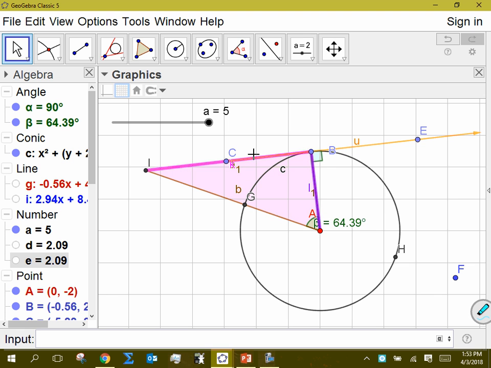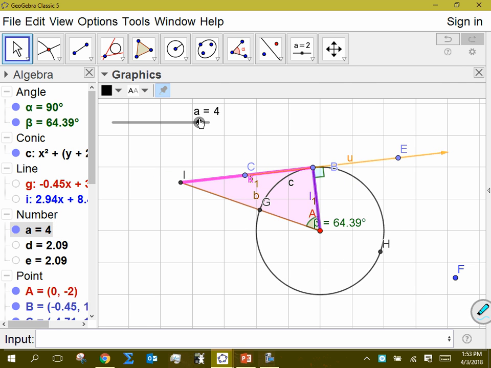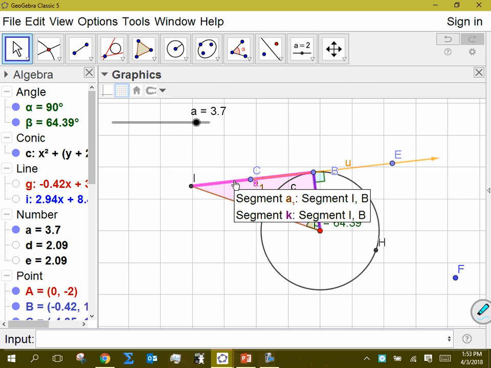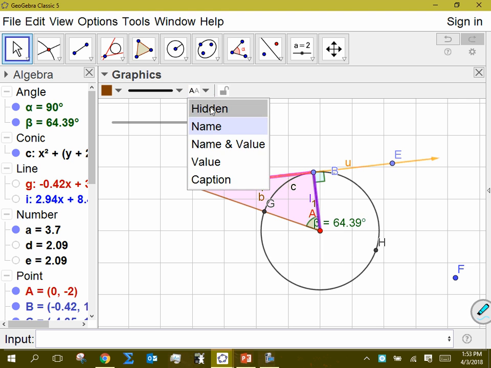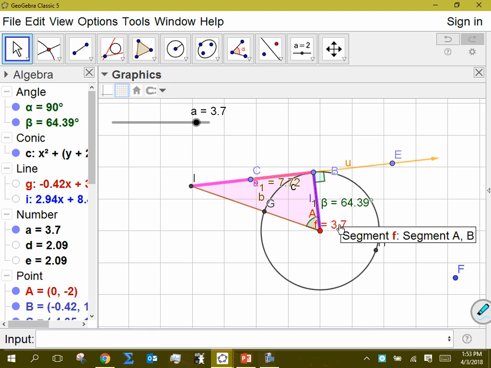So the length of that segment, which is a portion of your tangent line, your tangent segment, is exactly the same as the tangent of this angle created by that triangle down here in this circle. And I can change the circle size, and we see that it stays the same. Now what we really like to do is change our circle size so that our radius is 1.